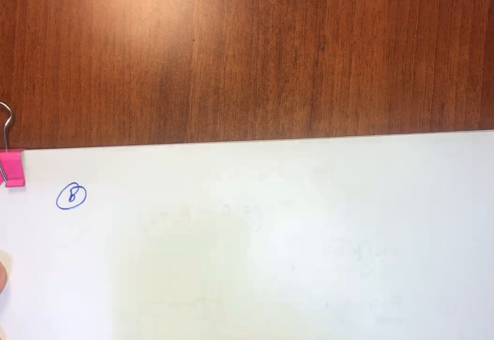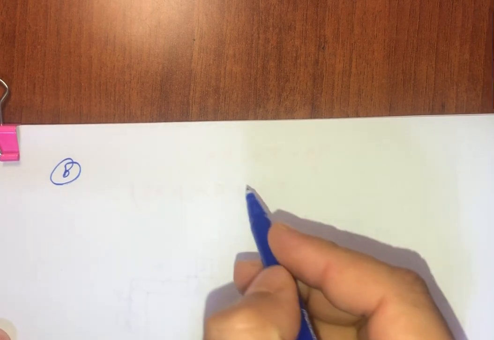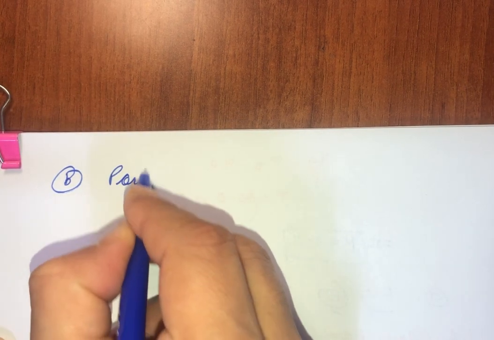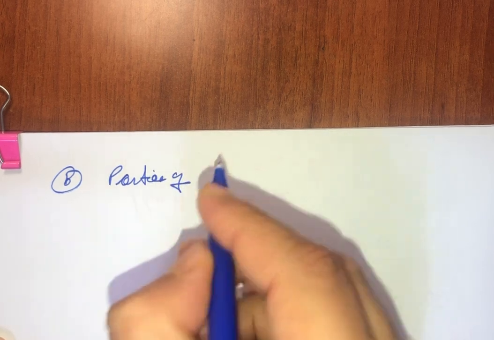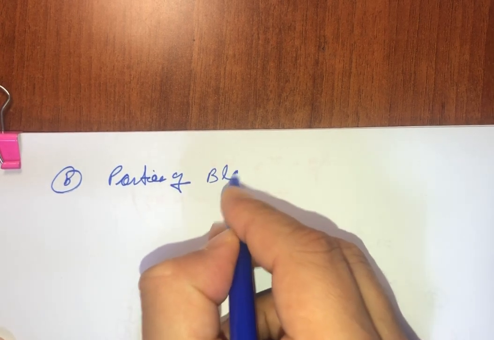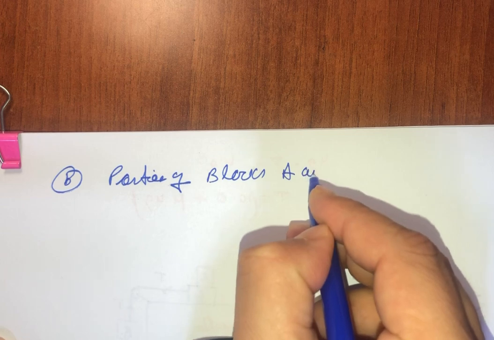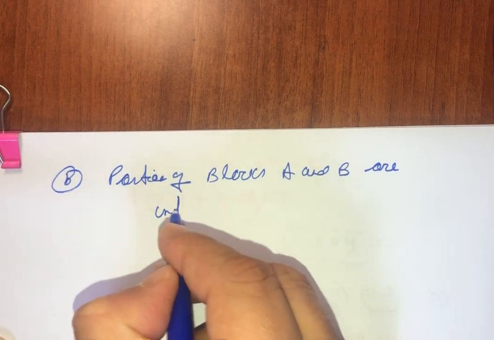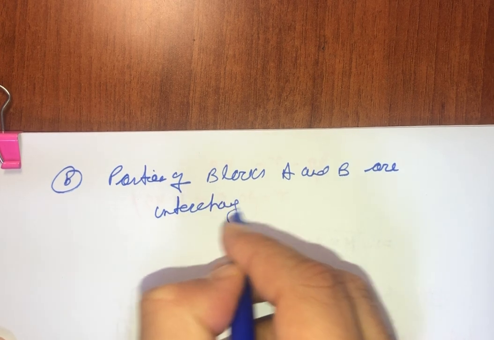Now in the B part, it says that the positions of blocks A and B are interchanged.